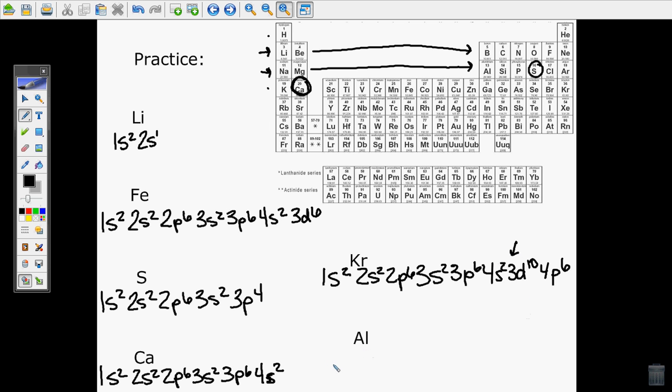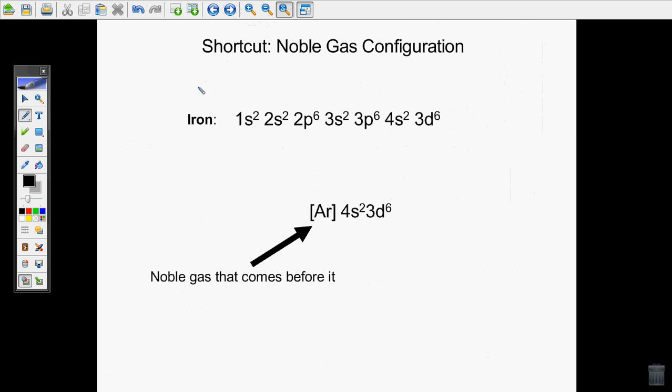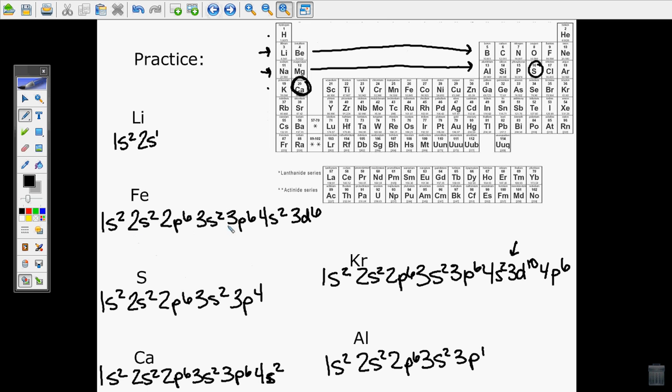Try aluminum. You can also write a shortcut. Did you see when we went back here, do you see how I keep writing these? They're all in the same order. 1s2.